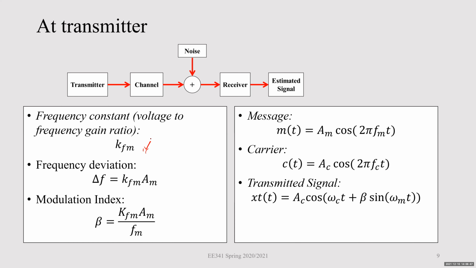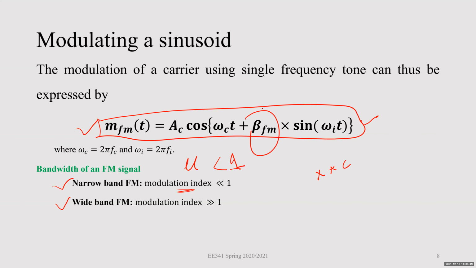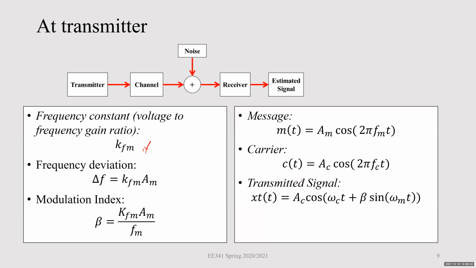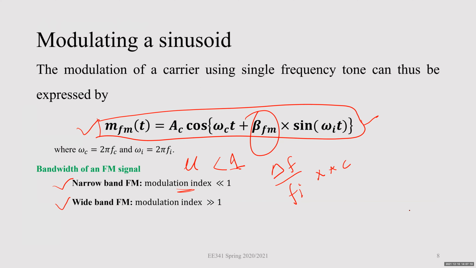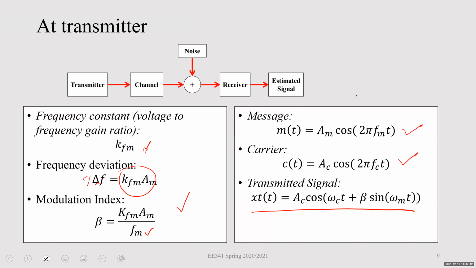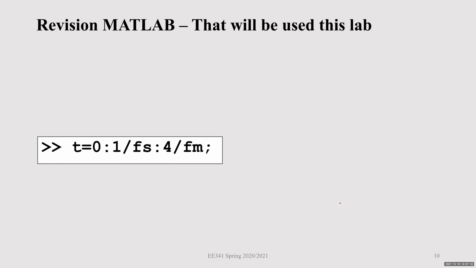Then for beta, which is equal to delta f over fm, we have to define delta f, which is equal to kf into Am, and then beta is equal to delta f divided by fm. So we have to define this. Then the message is this, the carrier is this, and the modulated message signal is this equation. I wrote it here. Then the same thing, defining the scale.